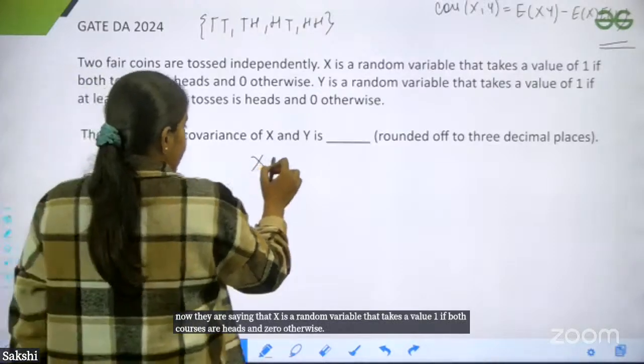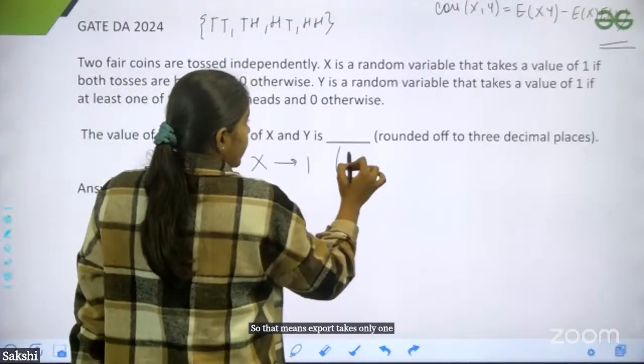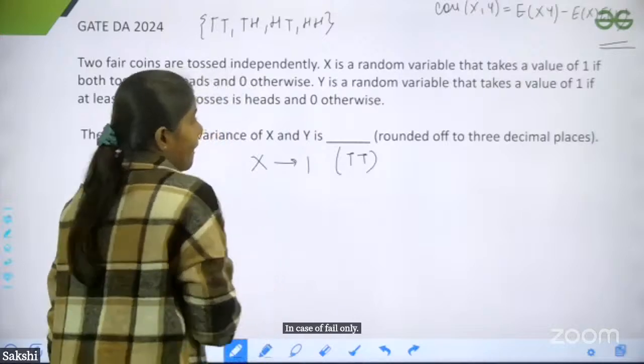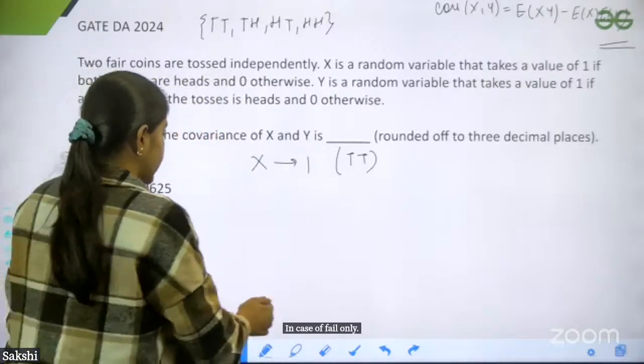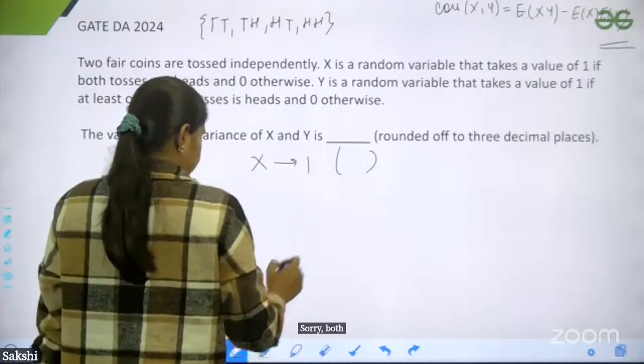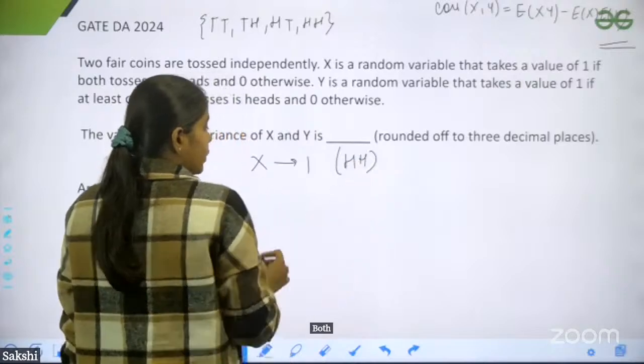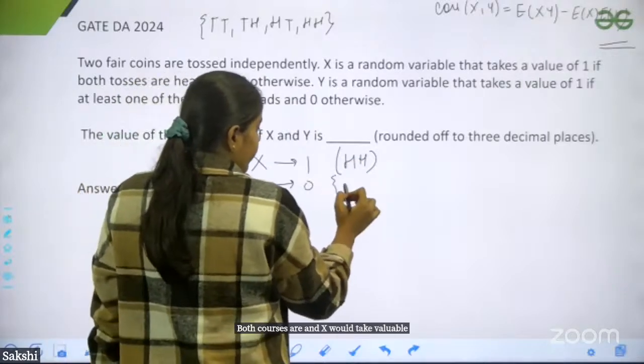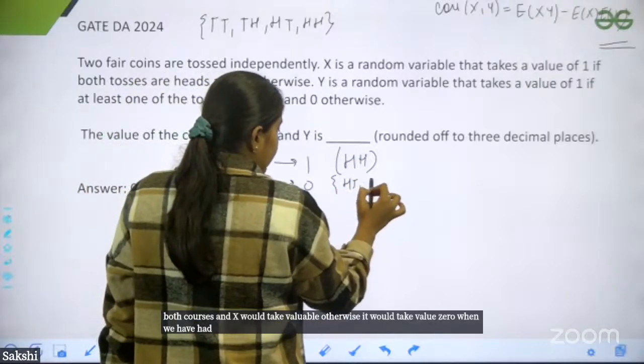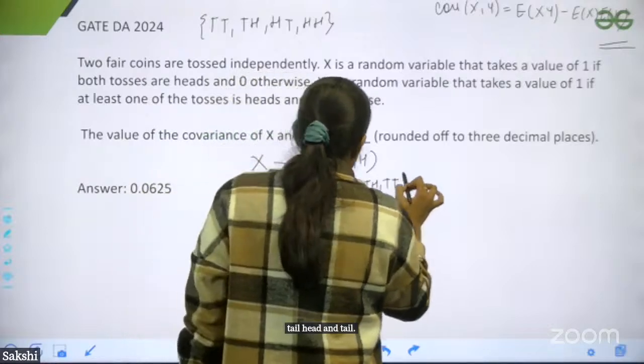What we are doing is tossing 2 coins independently. So if I toss 2 coins, the outcomes are tail tail, tail head, head tail, and head head. So these are the conditions. Now x would take value 1 only when both tosses are heads, otherwise it would take value 0 for tail tail, head tail, and tail head. So this is for x.